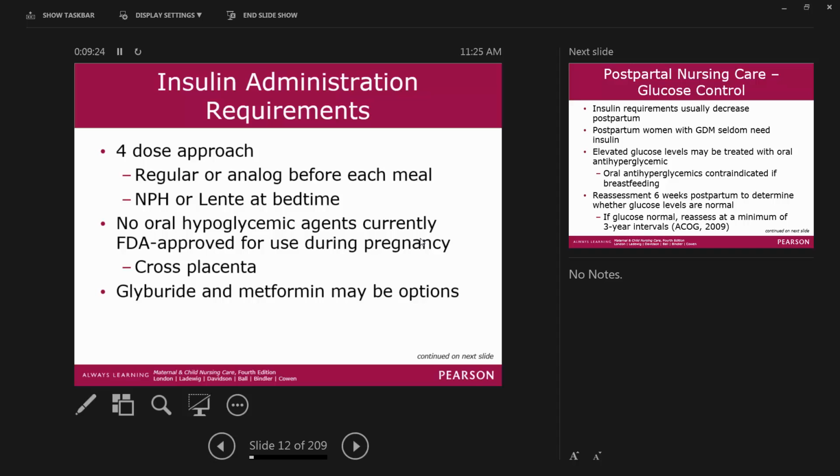Question. Does regular insulin cross the placenta, or is it just rapidly absorbed? And does it have to do with it being injected subcutaneously, or just the nature of the drug? I think it's more the nature of the drug, because it does get in mom's system. The oral hypoglycemics do cross the placenta and cause more issues with baby, as opposed to the insulins, which don't.